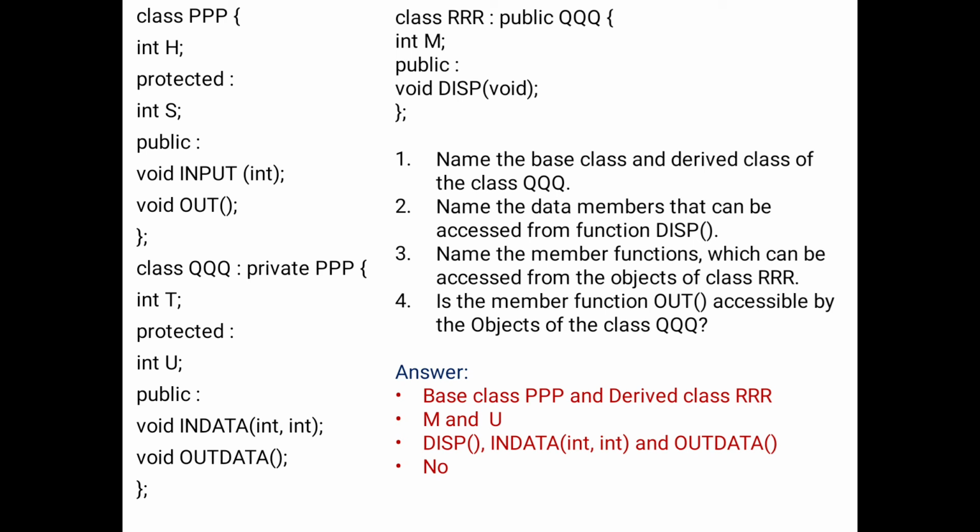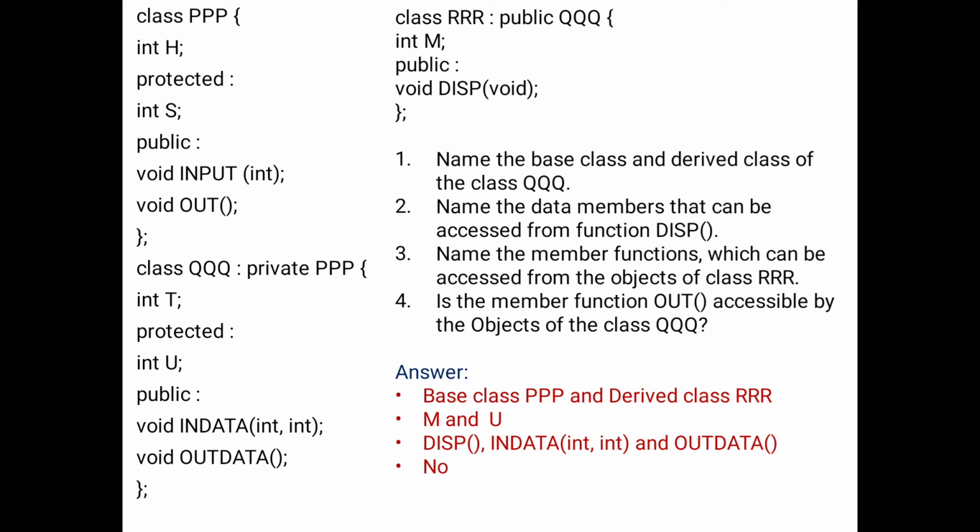In that case it will be r.disp, then r.in_data and r.out_data, because the class QQQ member functions are derived publicly. However, the class PPP member functions cannot be accessible at all because the access changed from public to private.